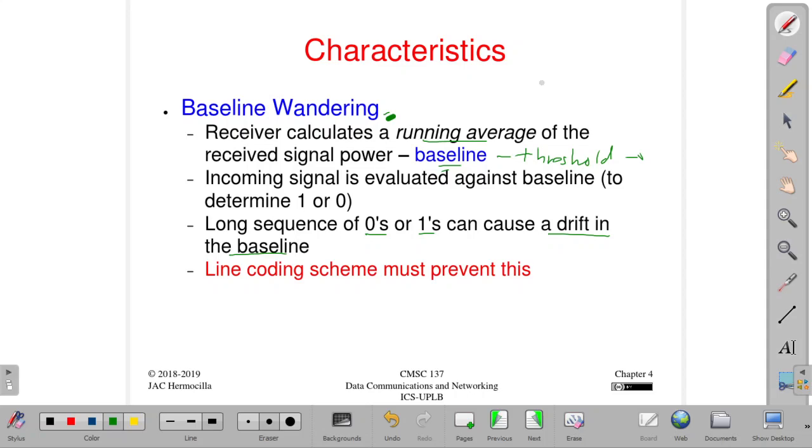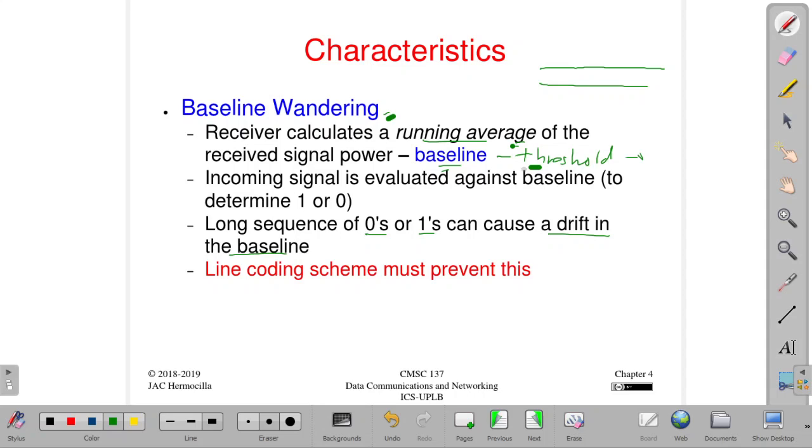If you are just receiving a continuous flat signal or zero signal, or a long sequence of ones, the receiver end will not be able to properly determine the running average of the signal to generate the correct threshold. So there will be misinterpretation of the bits.